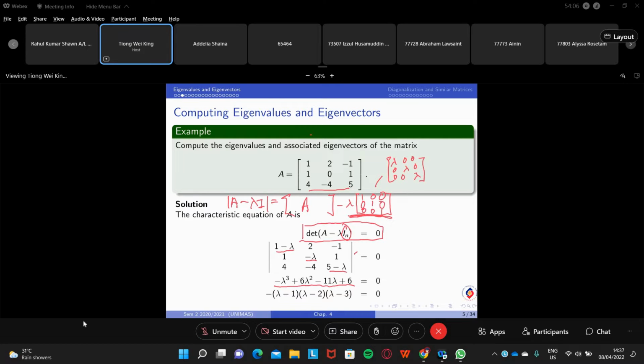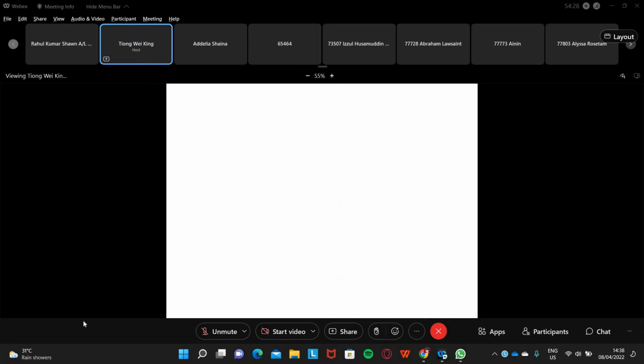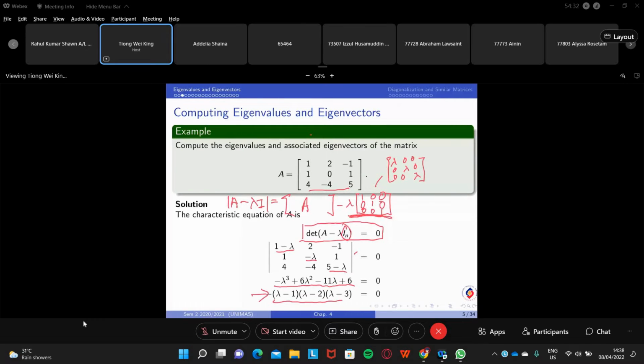But normally, in the process of getting this, we do the factorization at the same time. So I'll just show one example of how we get to this point without getting to this.